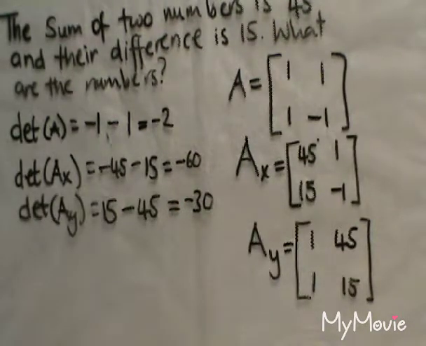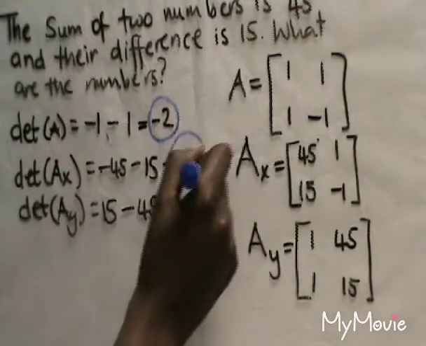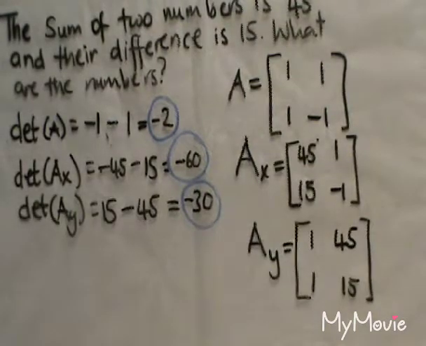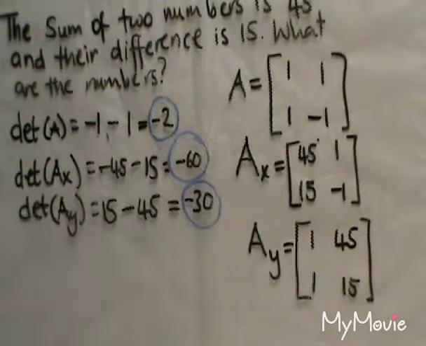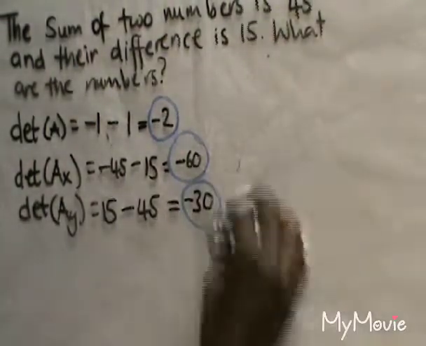So I have all the determinants that I need. I have A, and then AX, and then minus 30. All I have to do is substitute them into the formula, and then I can work out what x and y are. So just some space over here.